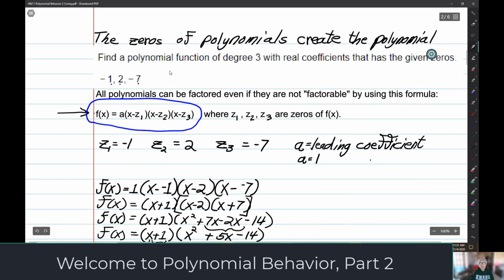Then we showed how zeros of all kinds, whether they're real rational, real irrational, or complex conjugate, or just complex, how they build polynomials. They start out as little bitty numbers on the x-axis and boom, they build a whole polynomial.